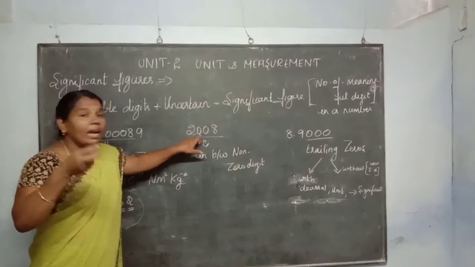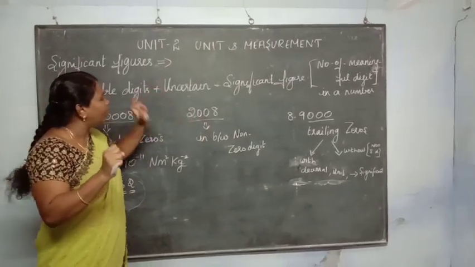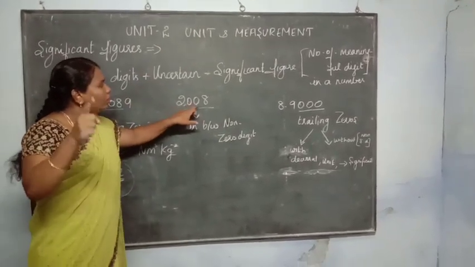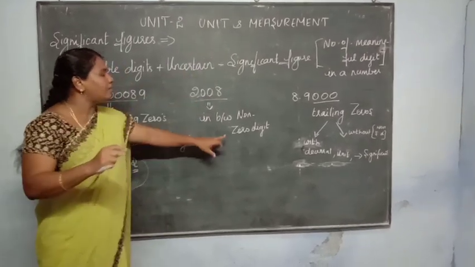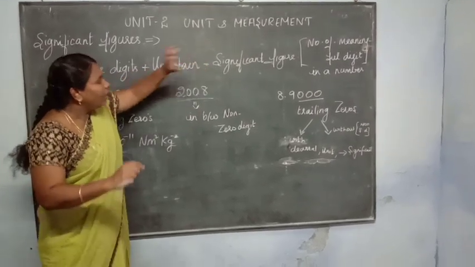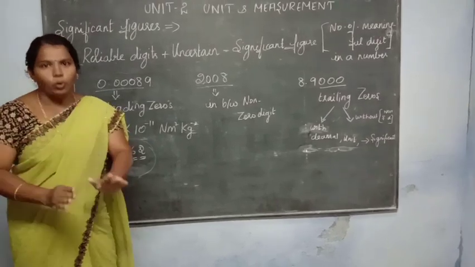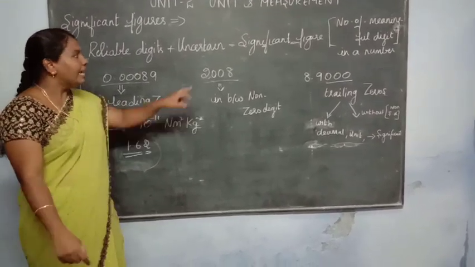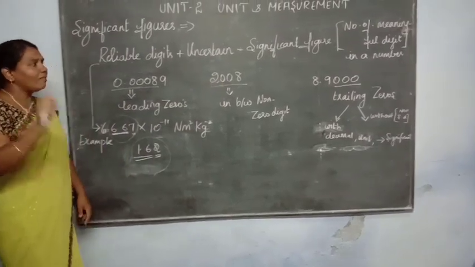Here the zeros carry some value. So what is the number of significant digits? 1, 2, 3, 4. The zeros lie between the non-zero digits, so they are significant, meaning they are also valuable.